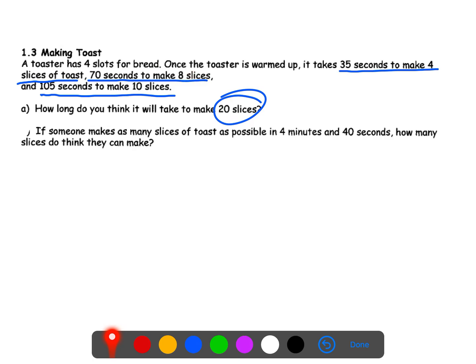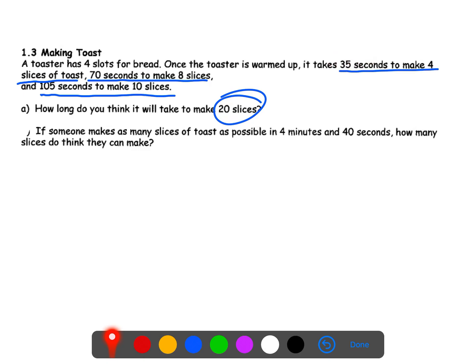But when we go to 10 slices of toast for 105 seconds, it would be the same amount of time if we did 9 slices, 10 slices, 11 slices, or 12 slices, because any amount of 4 that increases is going to take another 35 seconds.